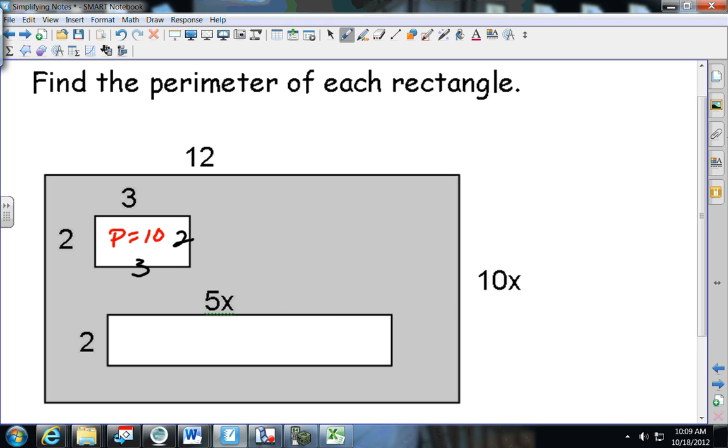This next one is 2 and 5x. Well, 5x and 5x, 10x, 2 and 2, 4.